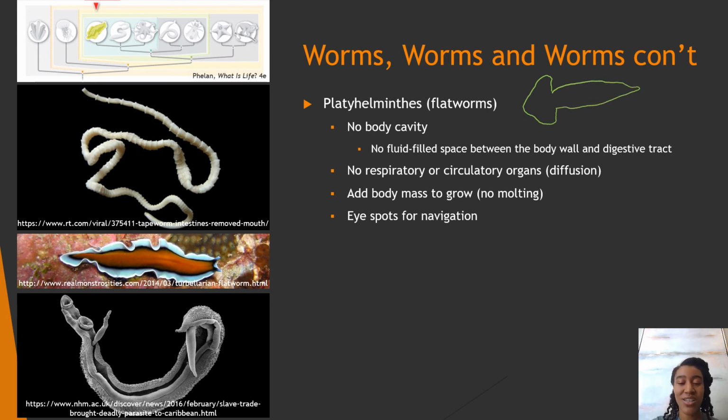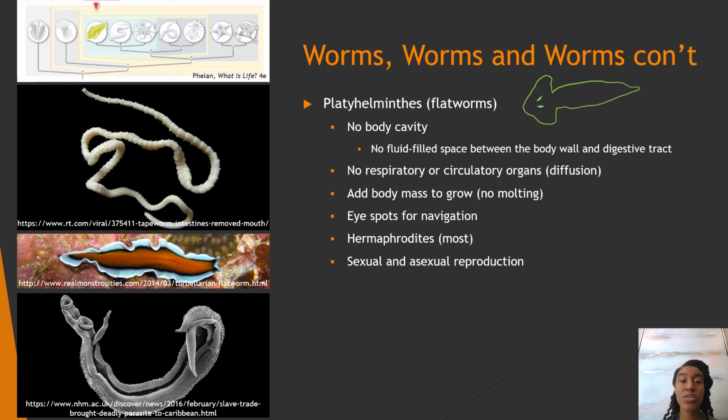Okay, the worm is something like that. They have a head region, and on their head region, they have two dark spots, and those dark spots that you'll see in those pictures are the eye spots. They can use these for navigation because they can sense where light is coming from.